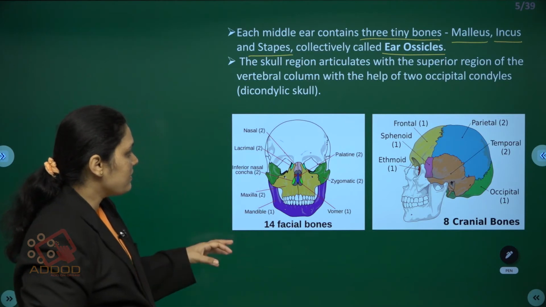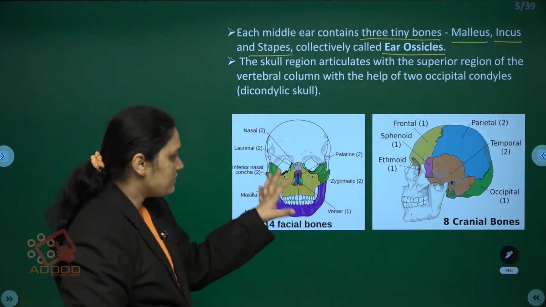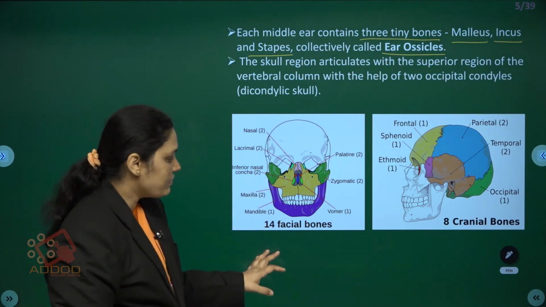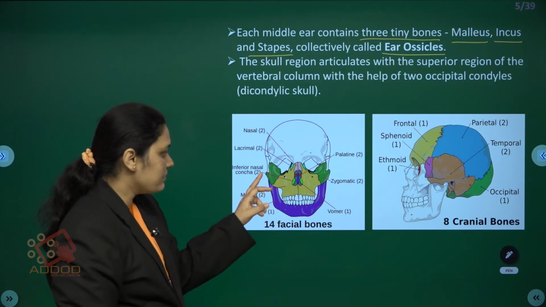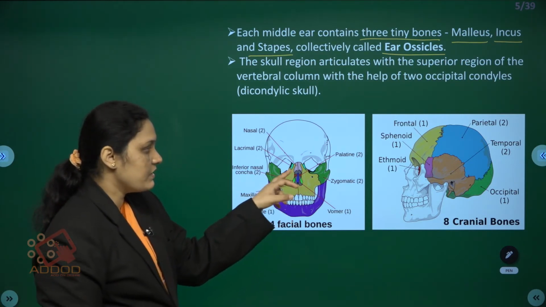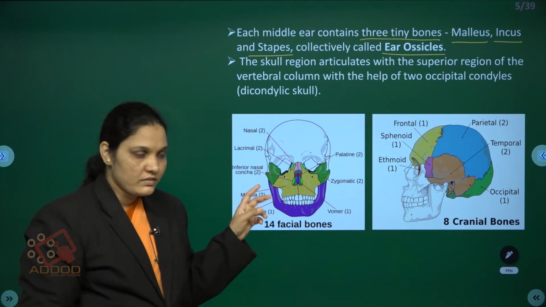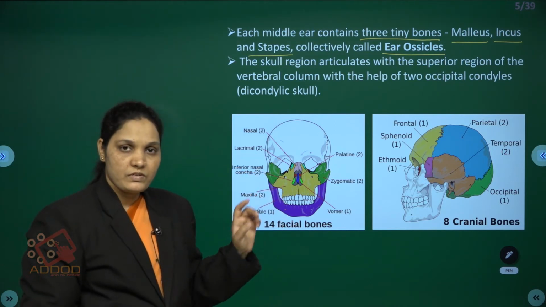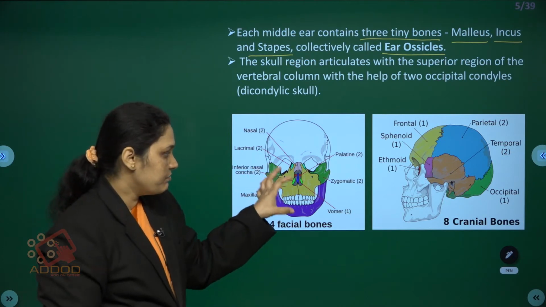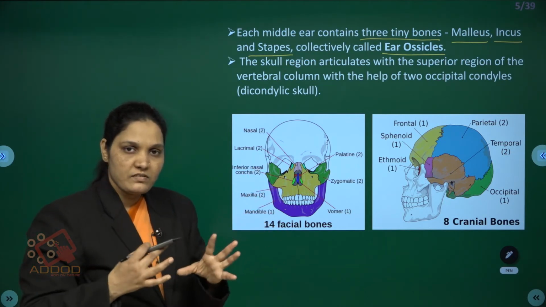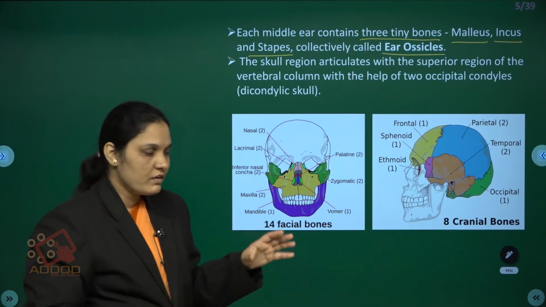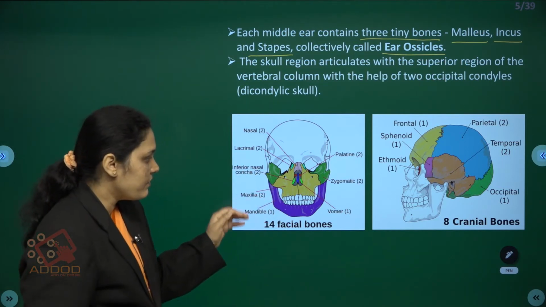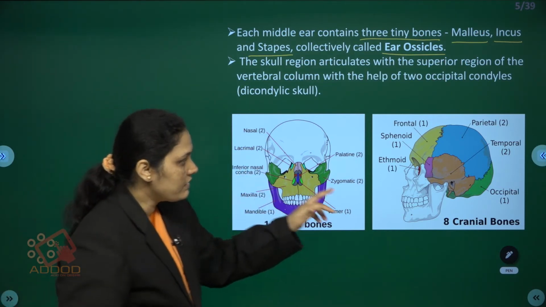Here you can see the different parts of the facial bones. These are the 14 facial bones. The color variation helps you understand that skull bones are not made up of a single bone. Different small pieces of bones joined to form the skull, the facial bones, and 8 cranial bones.